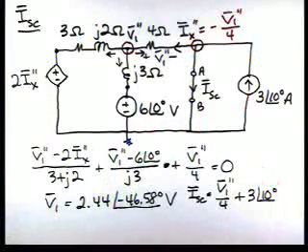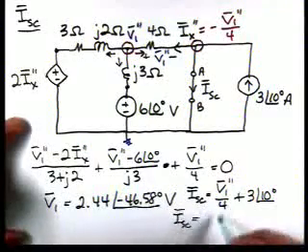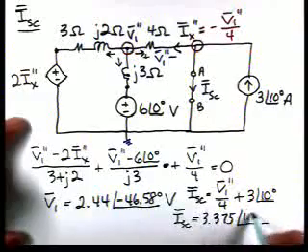And if we calculate, I short circuit turns out to be 3.375 at an angle of 1.33 degrees.